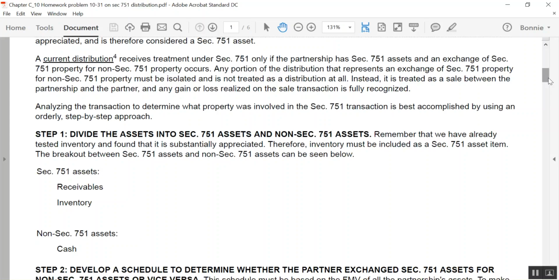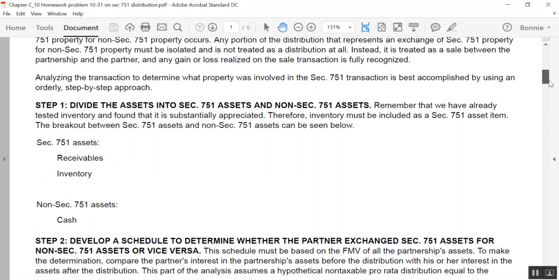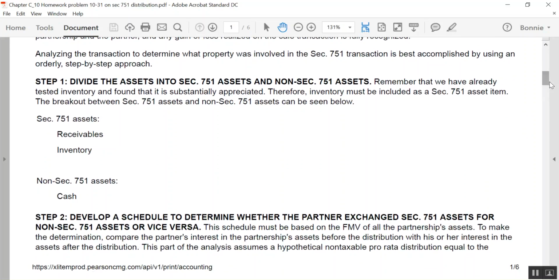And by the way, the sale can be a deemed sale of assets by the partnership to the partner or vice versa. That's going to depend upon whether you have pluses or minuses in your difference column in column 5, as we'll see in the table when we get done with our analysis. Okay? So to go through this calculation, you create a table, and you do it in a step-by-step approach.